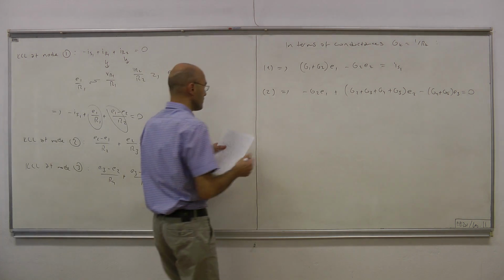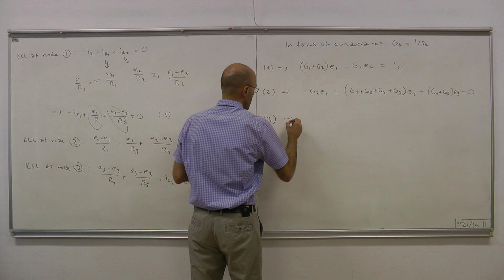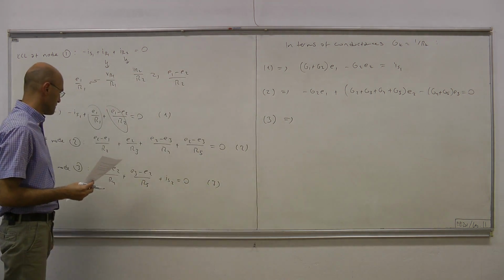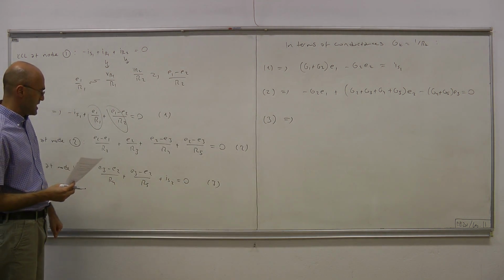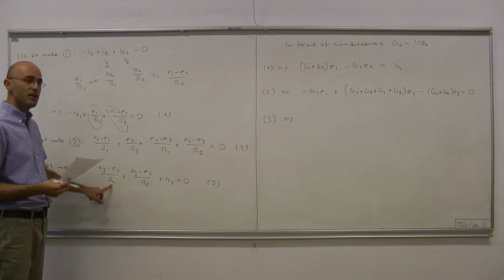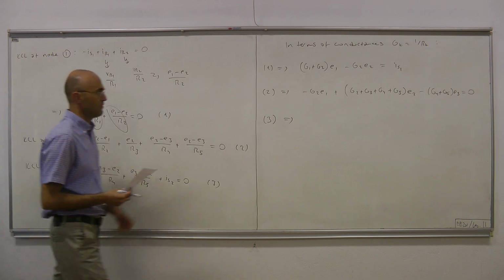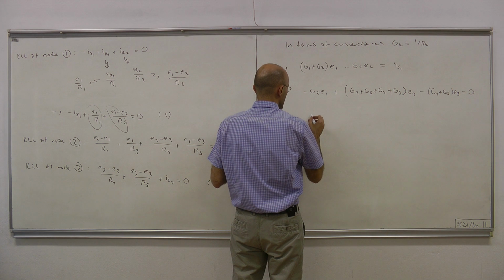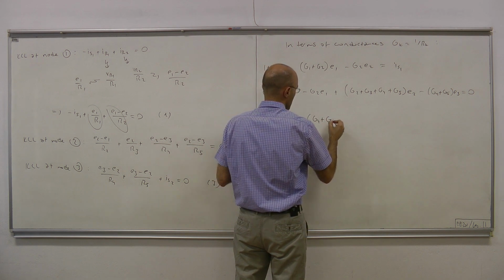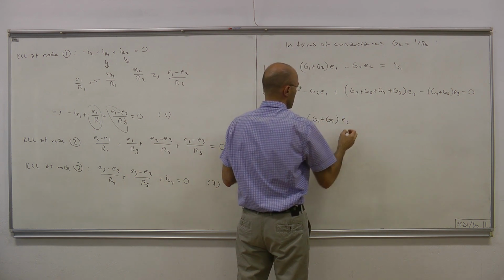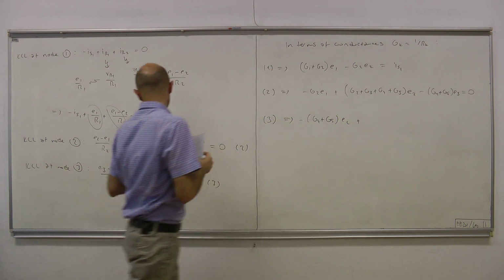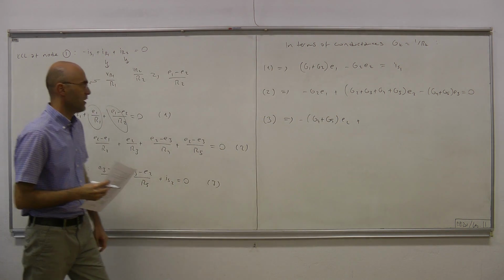And finally, let's rewrite the third equation in terms of conductances. We have no E1 term, and for E2 we have minus G4 and minus G5. And for E3 we have G4 and G5.